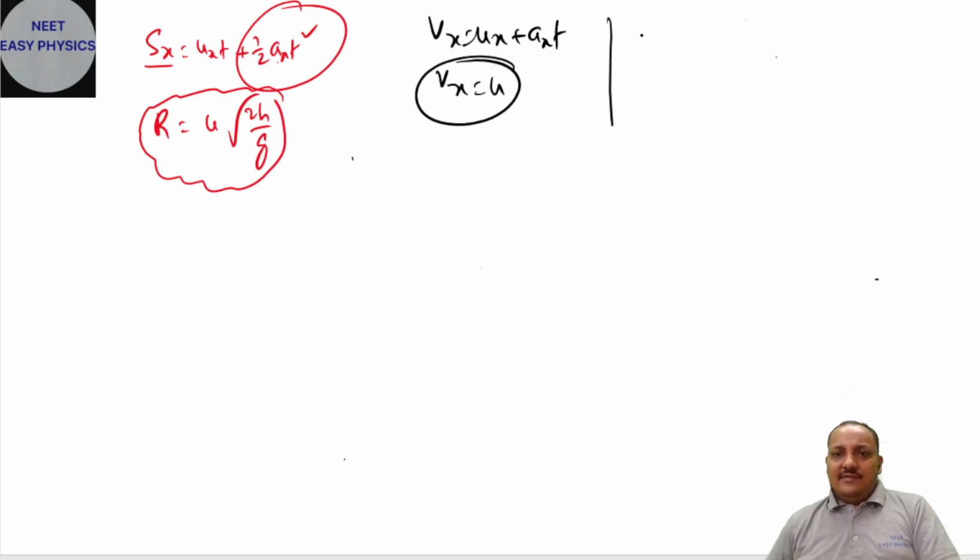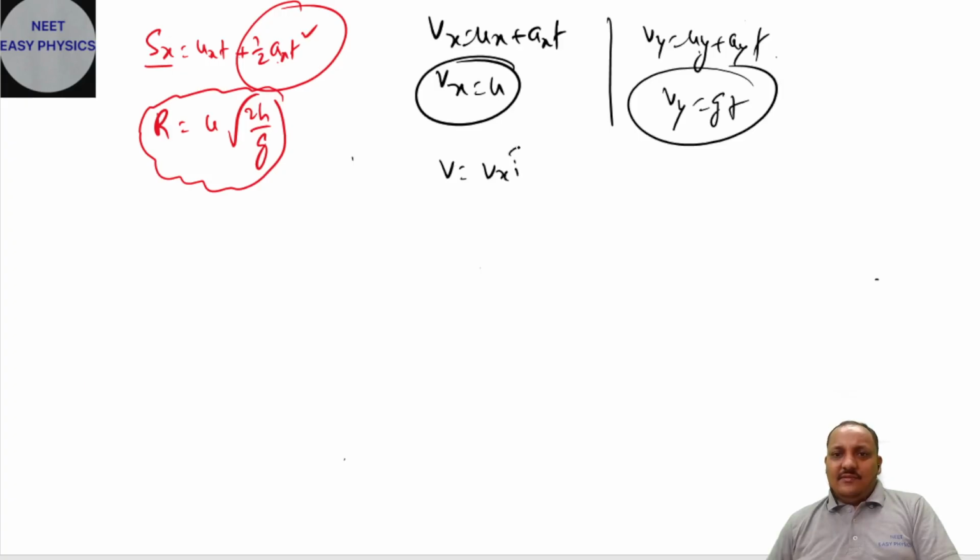Vy equal to uy plus ay t. What is uy? 0. What is ay? g, so gt. Therefore, V bar is equal to Vx i cap plus Vy j cap, so V bar is equal to u i cap plus gt j cap.